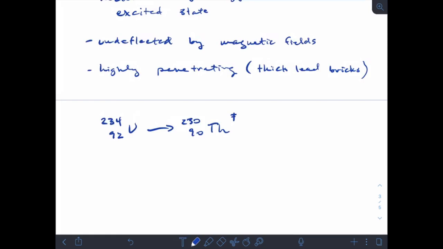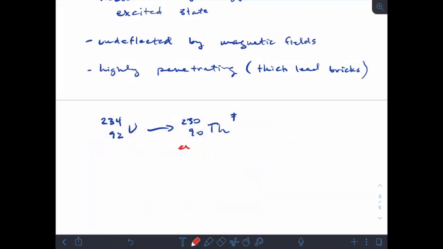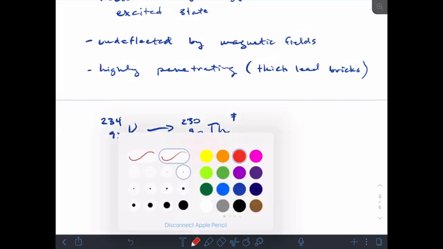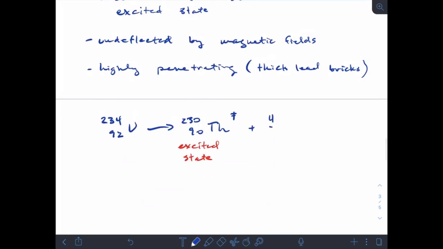Sort of looks like a cross with an extra bar. All right. So this is the excited state of the thorium nucleus. And to finish our equation for the alpha emission, we'll also have our helium nucleus leaving.